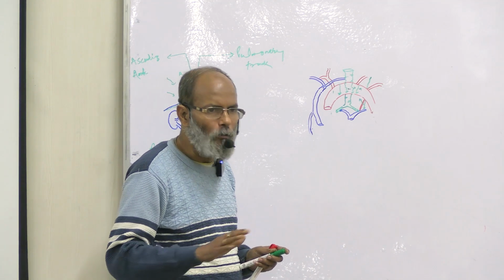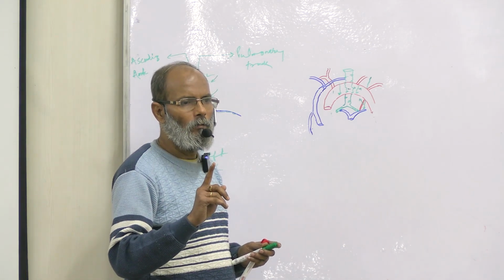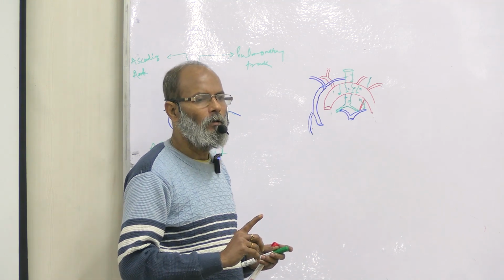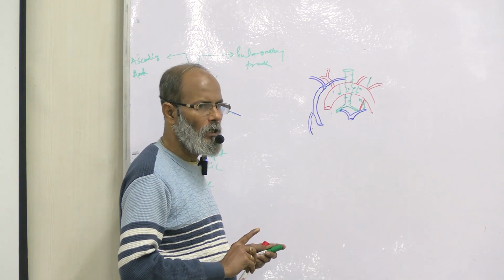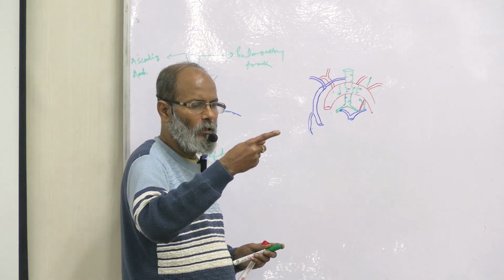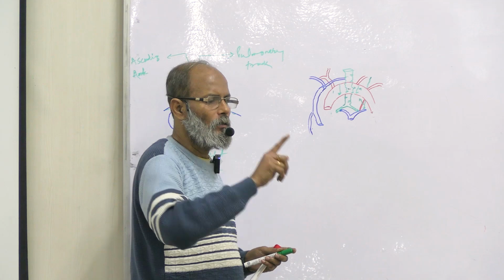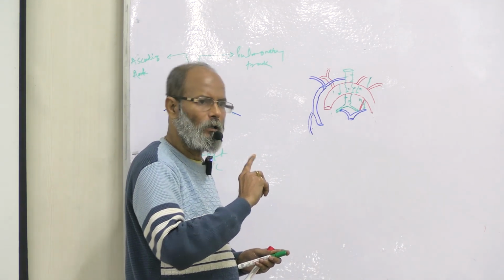Through one gauge, you will not be able to identify the right brachiocephalic, the right common carotid, the left common carotid, and the left subclavian, because the arch of aorta runs anterior to posterior like this. So this is one branch, this is one branch, more posteriorly one branch. Understood?